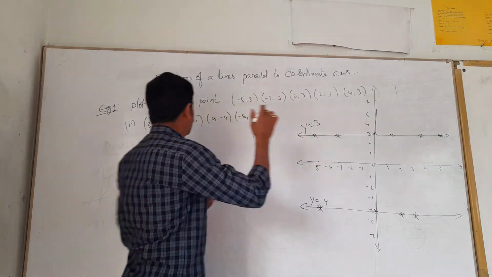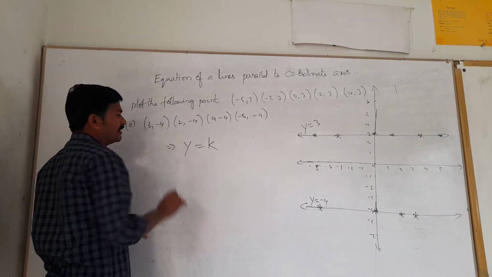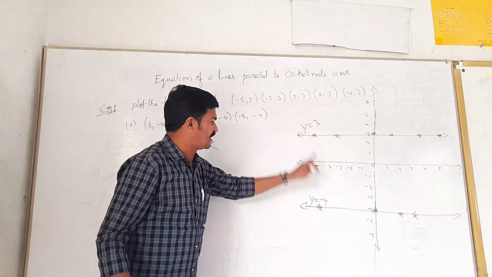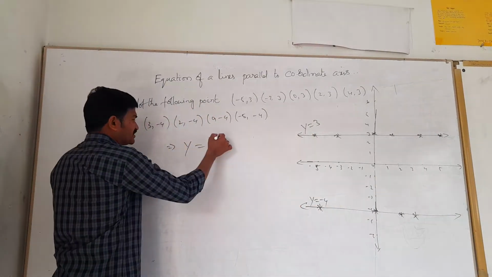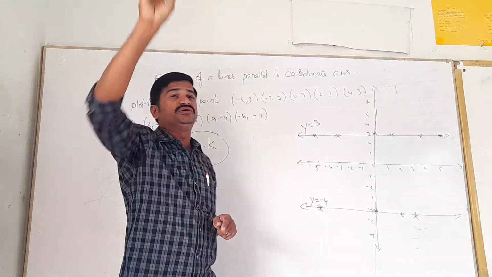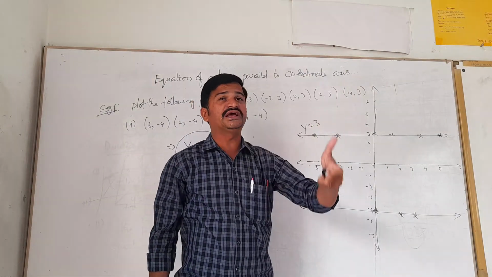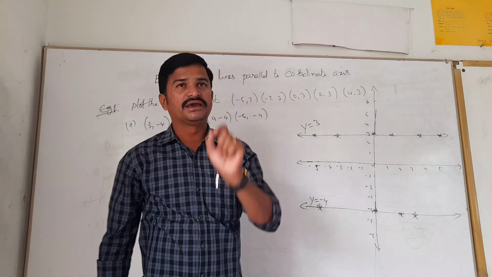So whatever the equations which are in the form of y equals to k, k means some constant, either 3 or -4 or 6 or -2, those lines should be parallel to x-axis. So how can we generalize now? The equation of x-axis is y equals to k.